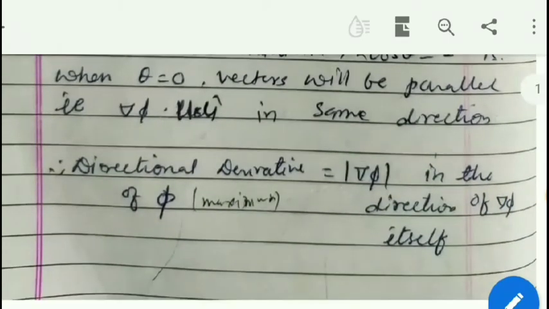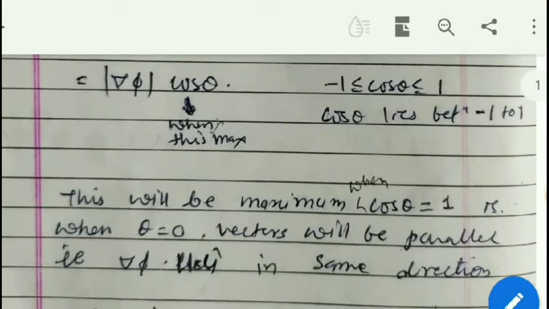Therefore, the maximum directional derivative of phi equals mod del phi, because the value of cos theta is 1 when theta equals 0 and the vectors are parallel.